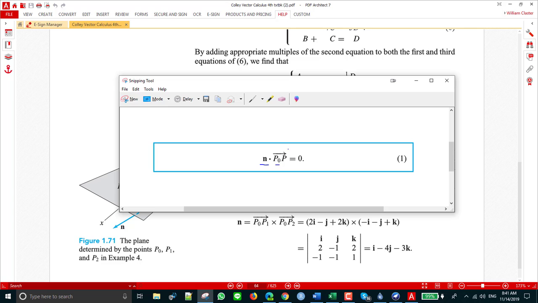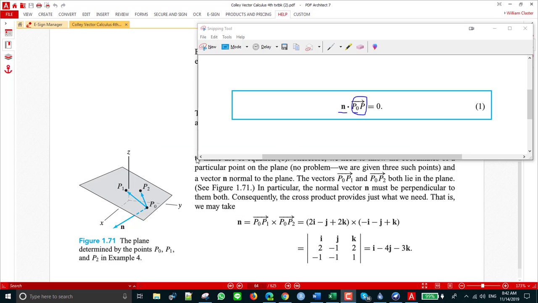And we have 3 points in the plane, P0, P1, and P2. Then we can easily calculate 2 vectors in the plane. And if we take their cross product, we're going to get an n.